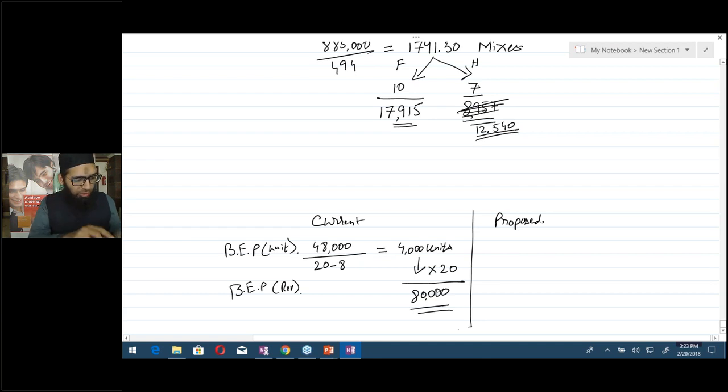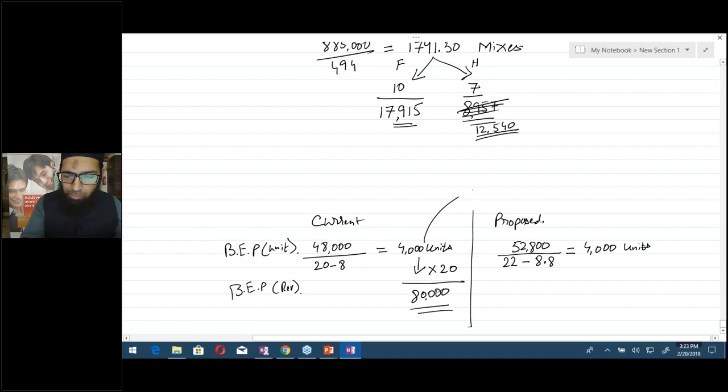Now in the proposed situation, all the costs have been increased by 10%. That means my fixed cost will now be 52,800, my selling price will be 22, and my variable cost will be 8.8. If I calculate it this way, my break-even point will remain 4,000 units.